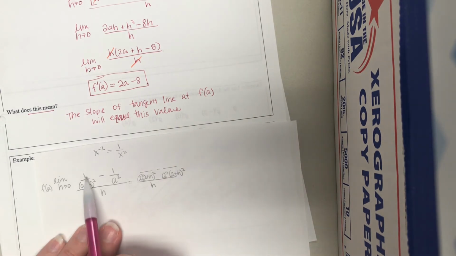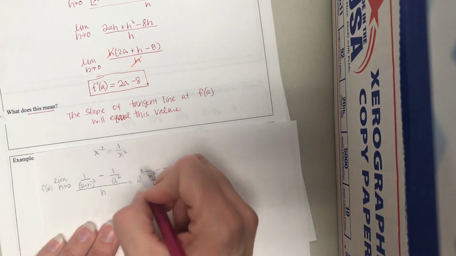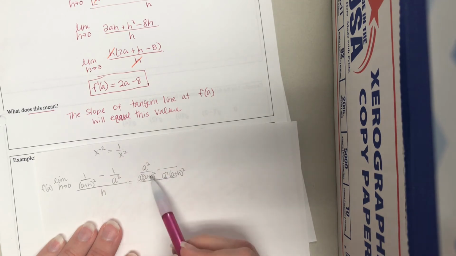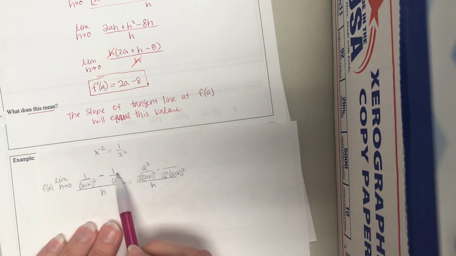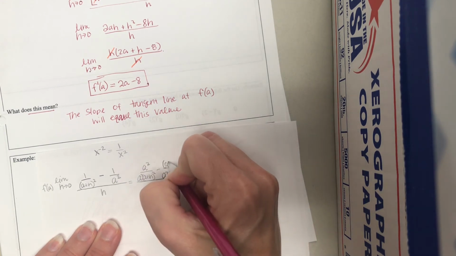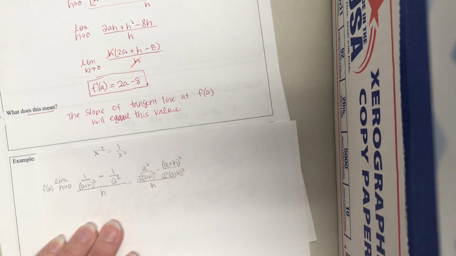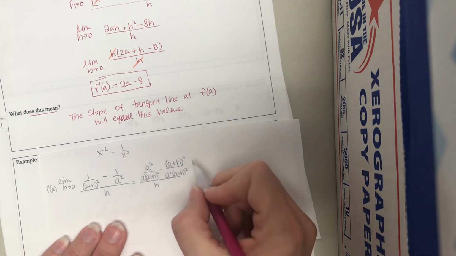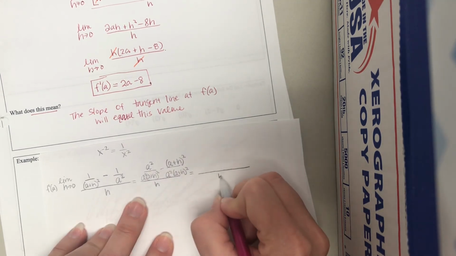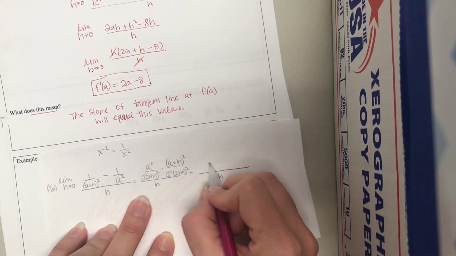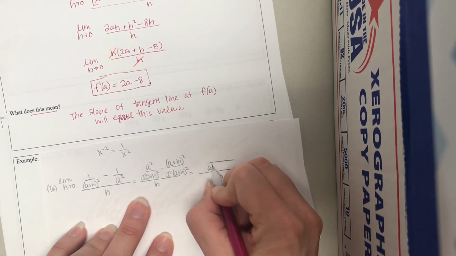So this fraction needs an a squared, and can you imagine if you cancel these, you get back to where you started, so it's fair. And this fraction needs an a plus h squared, like that. So right now we're just going to keep doing some algebra. What we're allowed to do now, we have just this h on the bottom, and I have this fraction and a fraction.